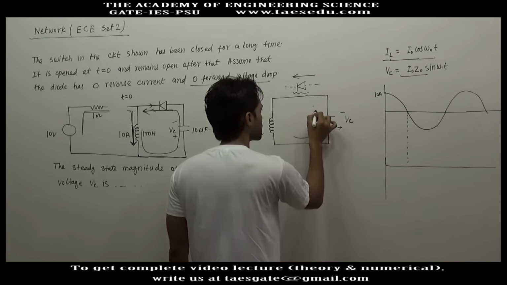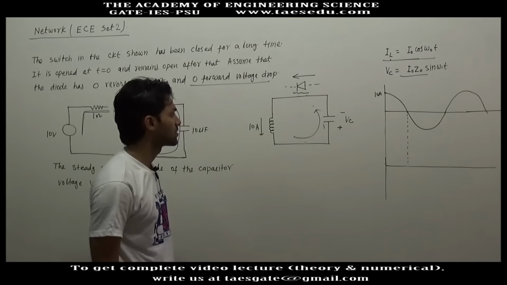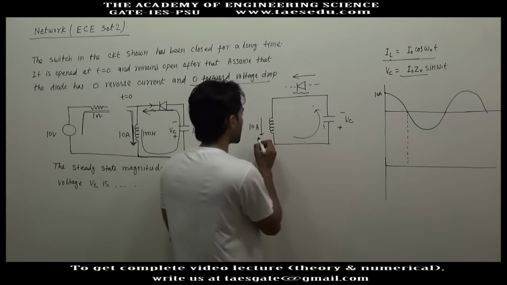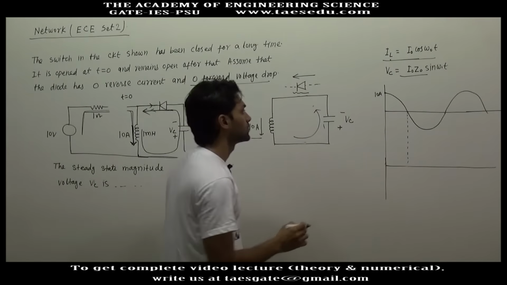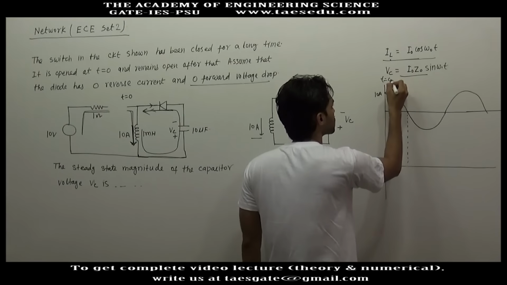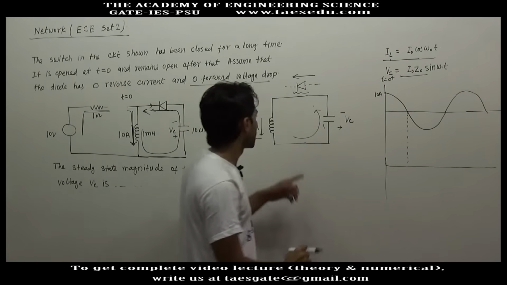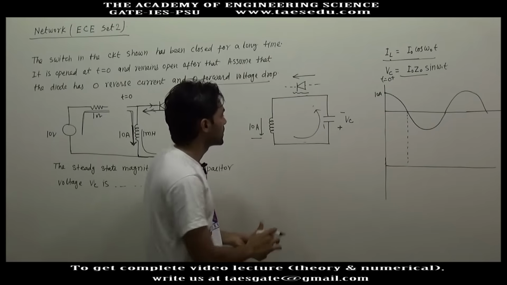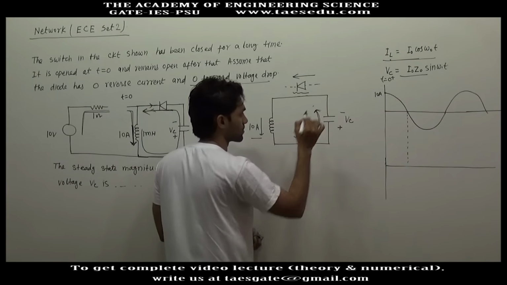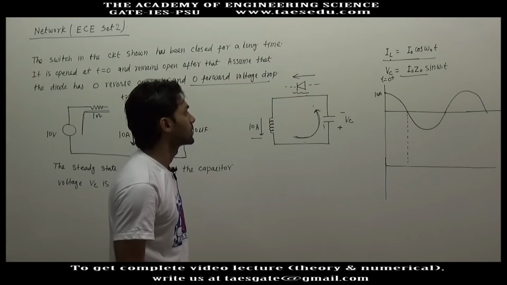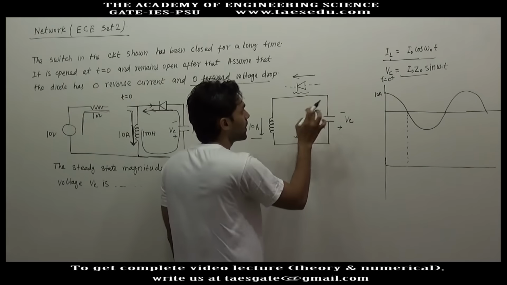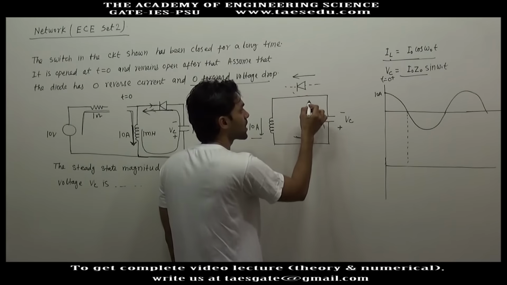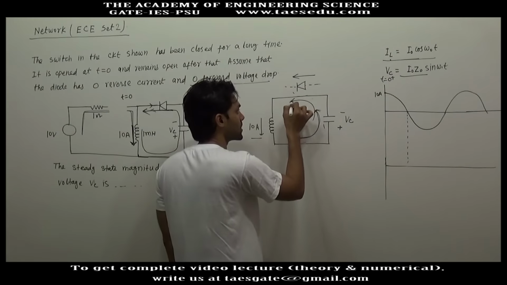Initially current is flowing in anti-clockwise direction, and initially current is 10 ampere. So at t equal to 0 plus, I have taken positive current, so the positive current is for anti-clockwise direction. Okay, and since we have a diode here, so current will be allowed in anti-clockwise direction only.